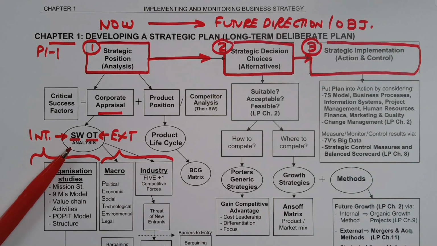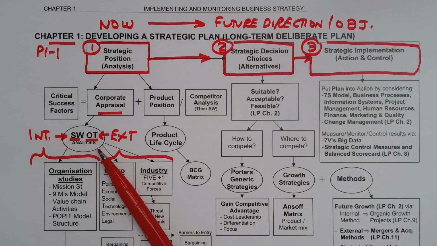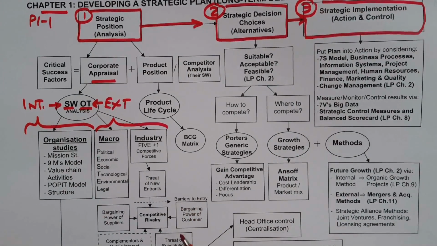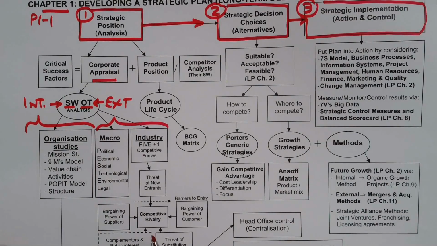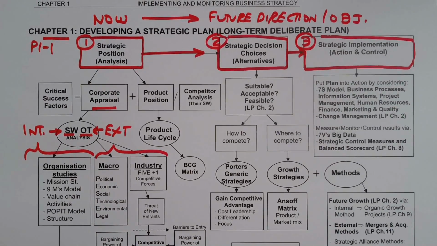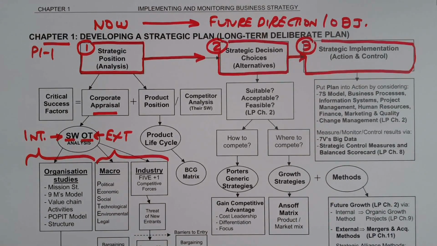You won't want to expand in an area where you have weaknesses, and also expanding where we see opportunities, trying to avoid threats. So political threats or economic threats, or maybe even in the industry, there could be threats of new entrants. Barriers could help to protect that. There's going to be always competitive rivalry, power of suppliers, power of customers. These are all the important models we need to know before the actual exam.